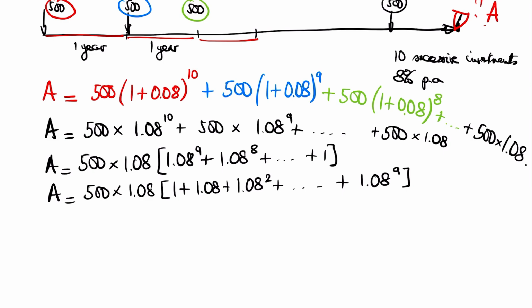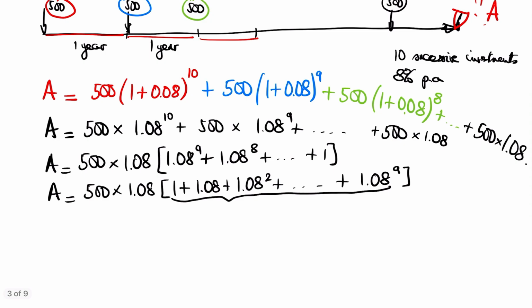Now, very good. How can I calculate that? Well, I recognize this is a geometric series, whose first term is 1, and the common ratio is 1.08.